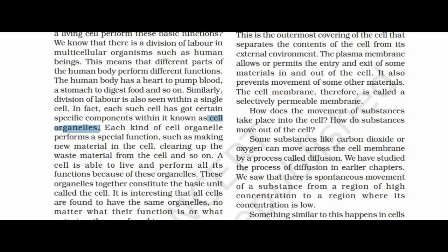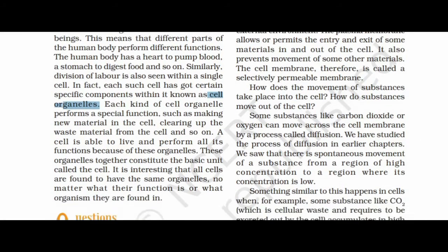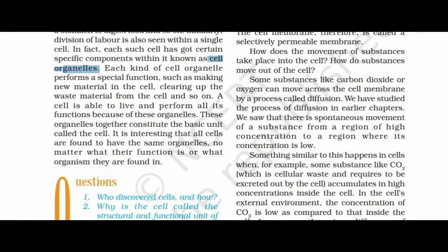A cell is able to live and perform all its functions because of these organelles. These organelles together constitute the basic unit called the cell. It is interesting that all cells are found to have the same organelles, no matter what their function is or what organism they are found in.